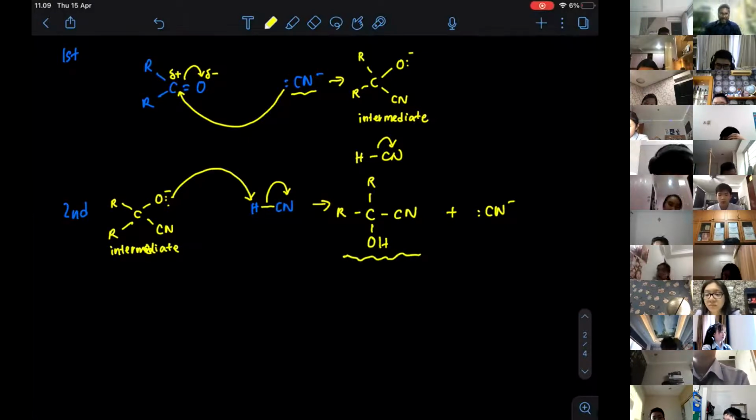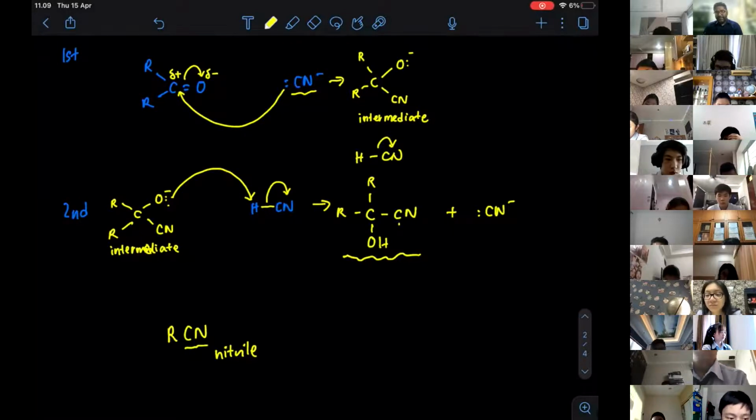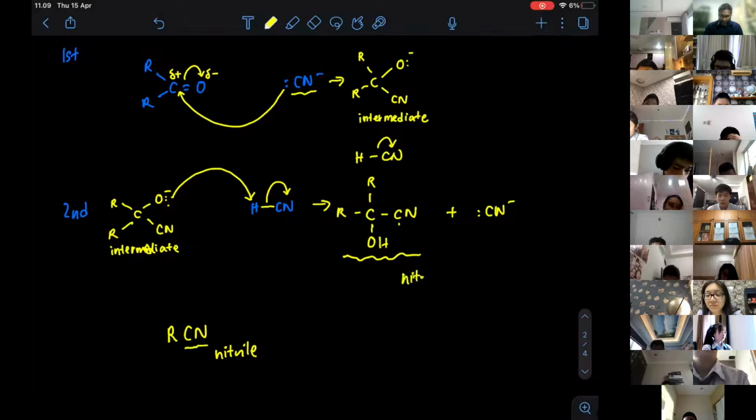Now, anything that has RCN is called a nitrile. This is carbon number 1, so automatically it is a nitrile. You are going to form a nitrile.